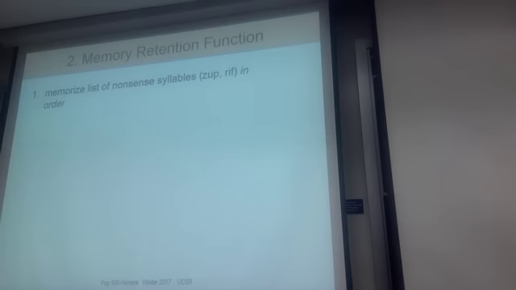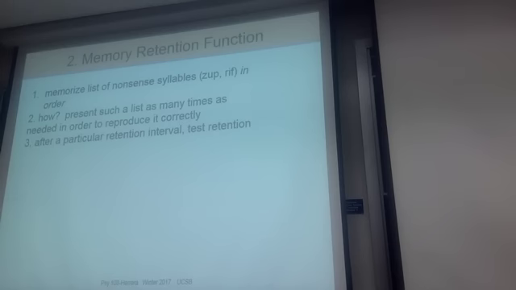He had people memorize lists of nonsense syllables in order, and once they could reproduce the whole list correctly every time, then after some interval they had to recall that list, to see if they retain it.